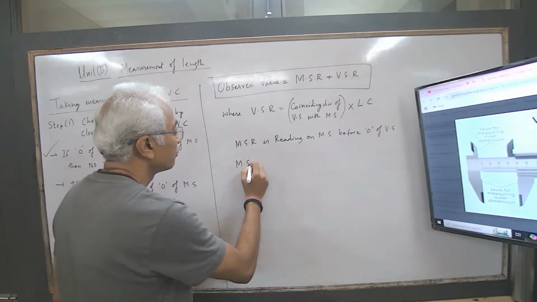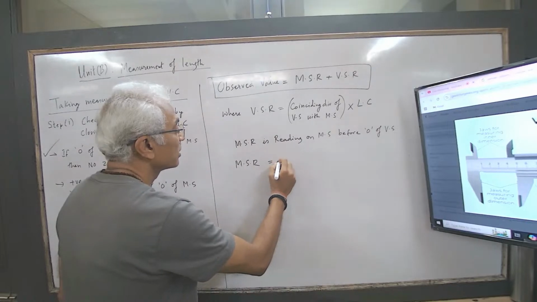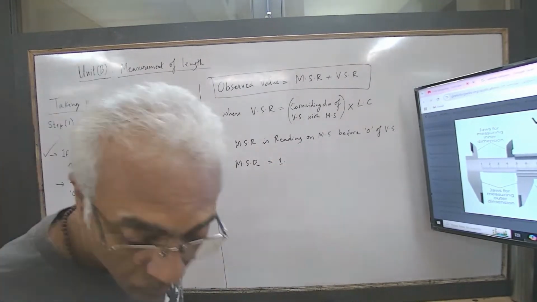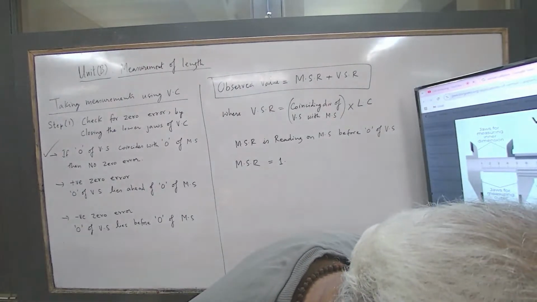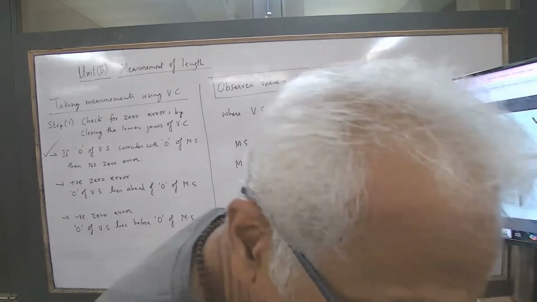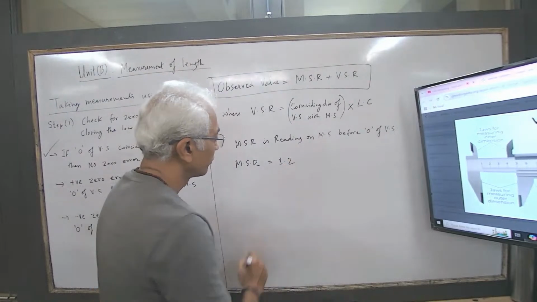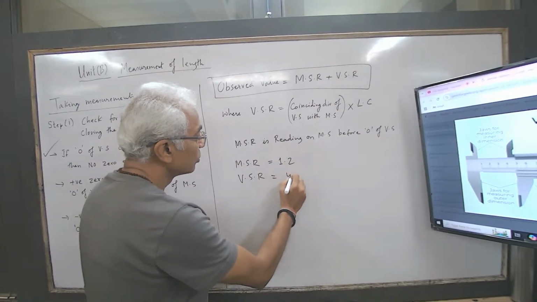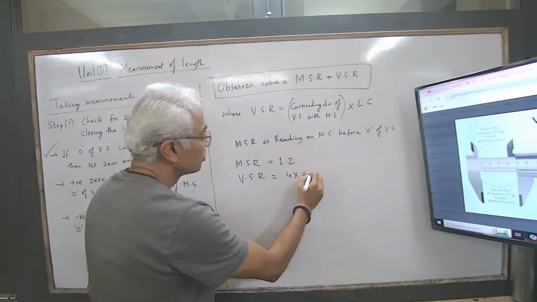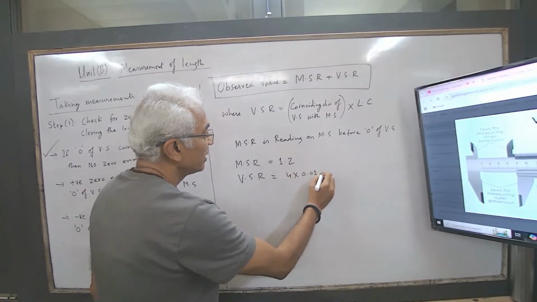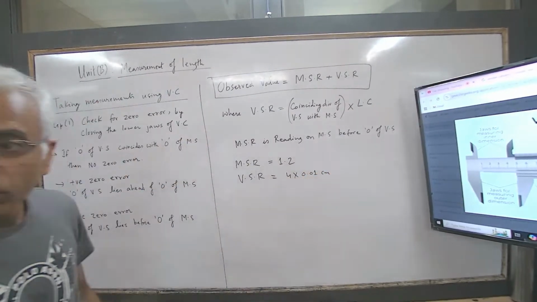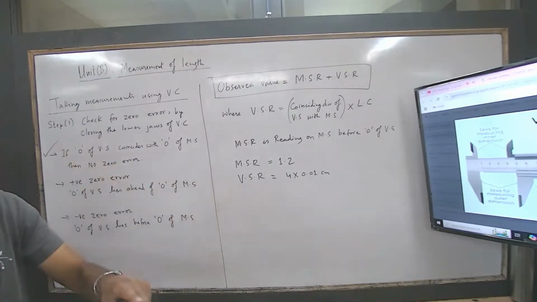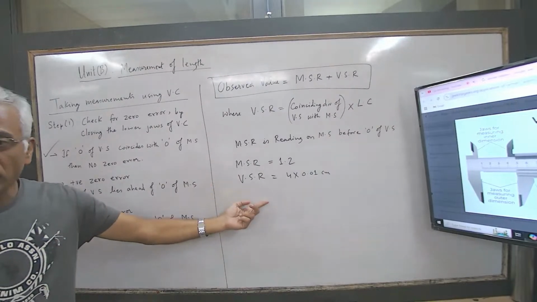So in this case, what is the MSR for the given example? Look, 1.2 up to A, this is the main scale reading, so that is 1.2, and what is the VSR? VSR is equal to 4 into 0.01 centimeter. What is the least count of the vernier scale? 0.1 millimeter or 0.01 centimeter.